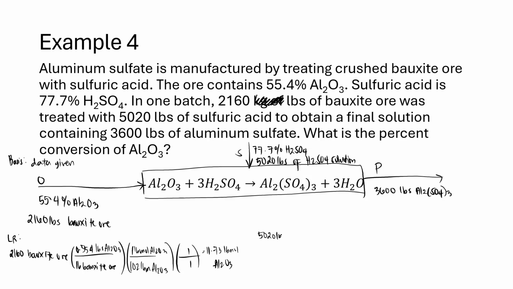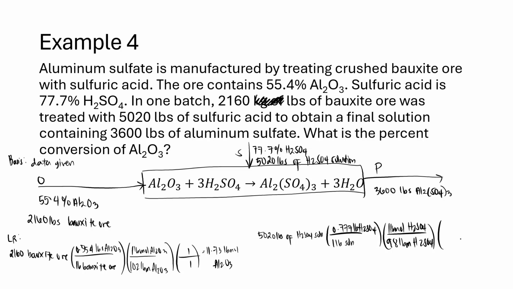Next, let's see about the H2SO4. 5,020 pounds of H2SO4 solution. Per 1 pound of solution, that's 77.7% pounds H2SO4. And then 1 pound mole of H2SO4, that is 98 pounds H2SO4.